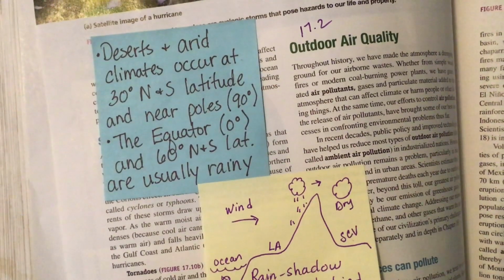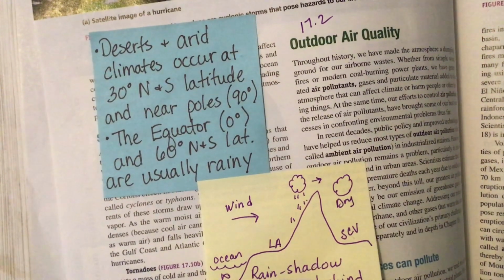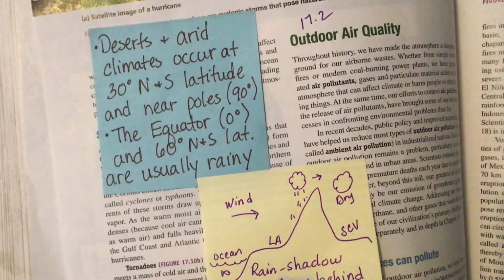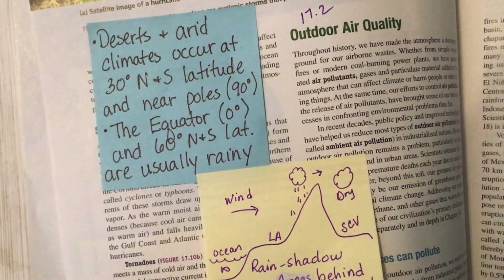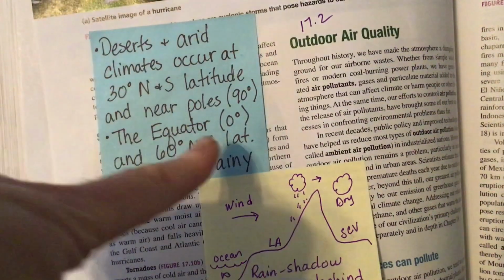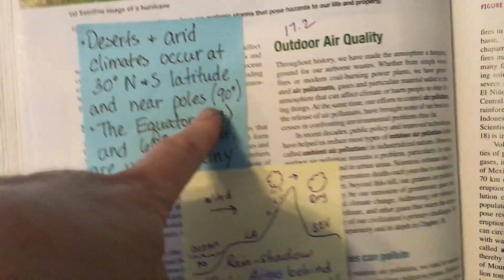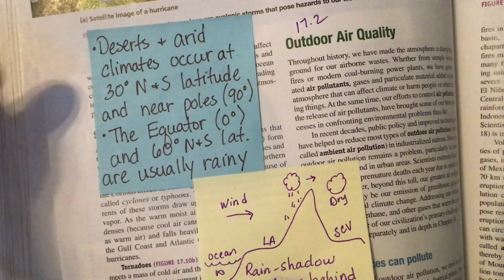The North and South Pole biome is the tundra. And sometimes people call it a frozen desert. It's not a desert, it's a tundra, but it has very little rain. But when it rains, it snows and ices and it sticks. And so it gets very little rain at the poles and the tundra because of convection.